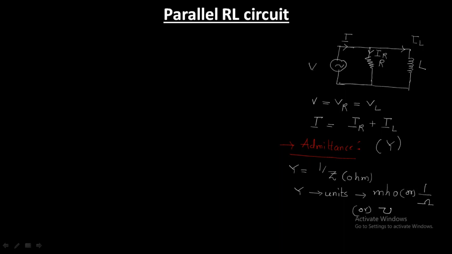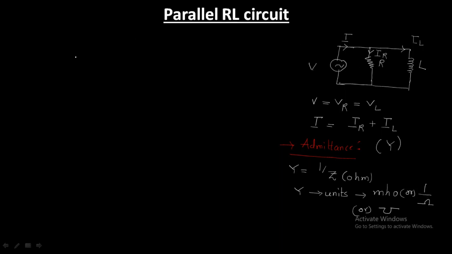So the admittance unit is 1 by ohm, or mho is the name of this unit. These are the units of admittance. So what is the need to discuss admittance? We will discuss it here.